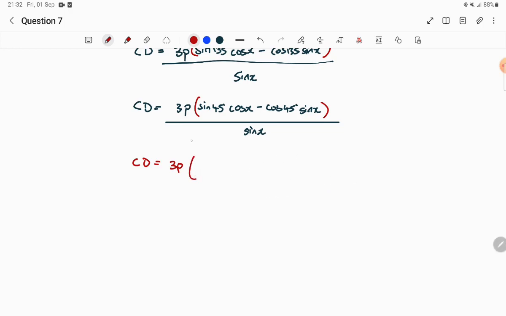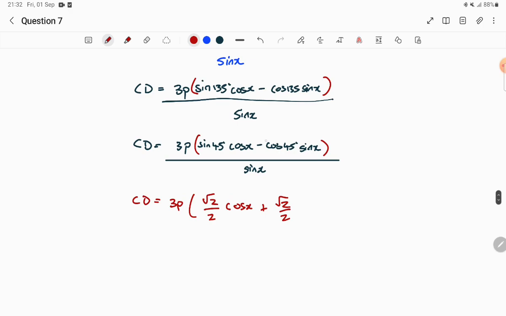since that's what we wanted, we can then make it root 2 over 2 cos x plus root 2 over 2, and that changes because of this cos 45. So this cos 45 makes it, so this is 180 minus, and cos is negative in the second quadrant, so that's how it becomes positive. So it becomes positive there.